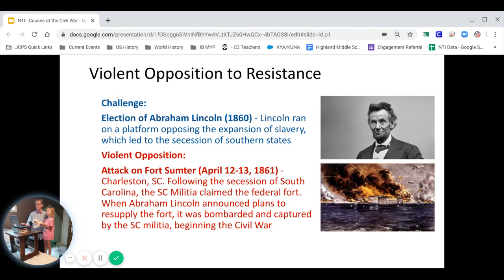And so the militia in South Carolina bombs the fort and the federal soldiers that are in there. And that's what is considered the first battle of the Civil War. So we led all the way from institutionalizing slavery and supporting it legally to people opposing it and the violence that they're met with. So now we're at the beginning of the Civil War.